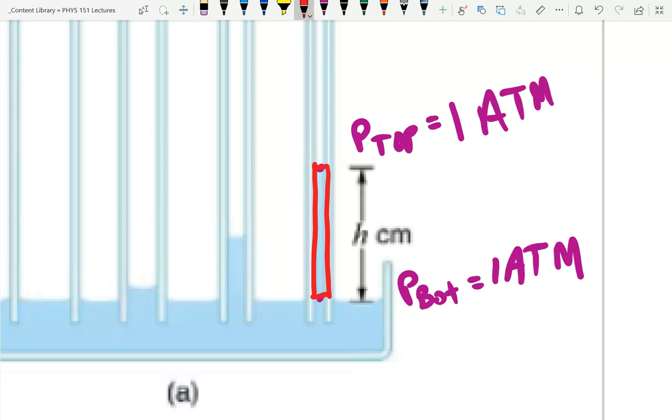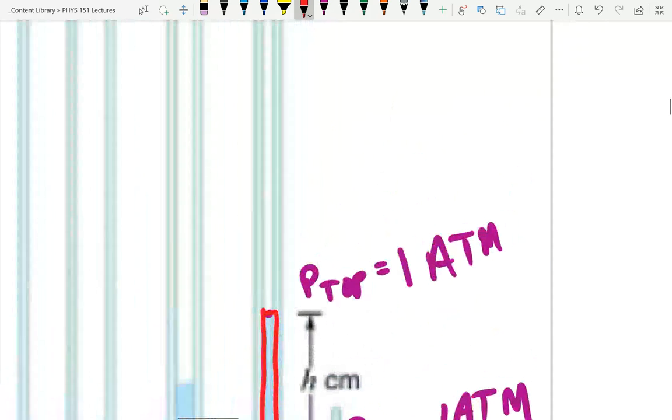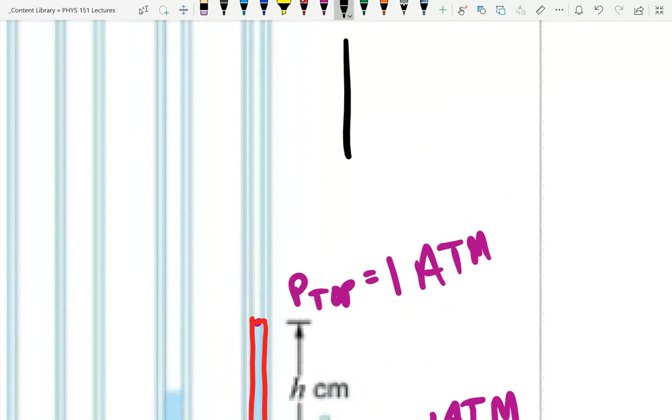Where's surface tension acting? The point of contact between the water and the glass. And when I say the point of contact, I mean where it goes from not contacting to contacting. It's not everywhere it's contacting, it's that point where it goes from contacting to non-contacting. So it's acting at the top, and the problem tells us to assume that the water is vertical at that point of contact.